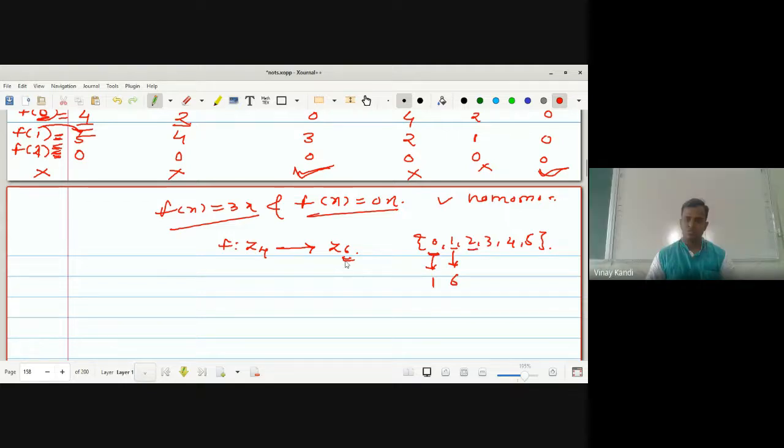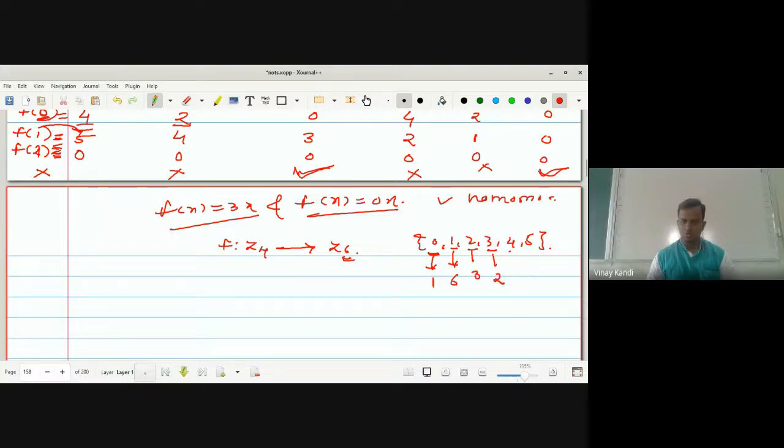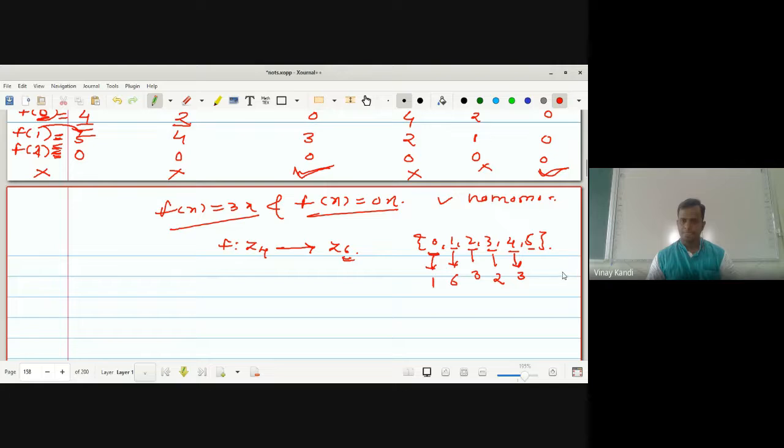What is the order of 2 in Z6? 3. The order of 3 is 2. The order of 4 is 3. So order of 0 is 1, order of 1 is 6, order of 2 is 3, order of 3 is 2, order of 4 is 3, and order of 5 is 6.